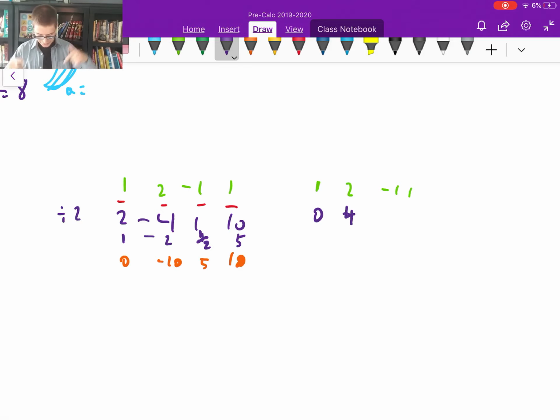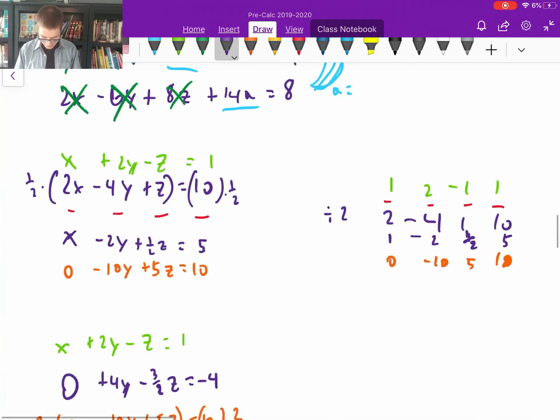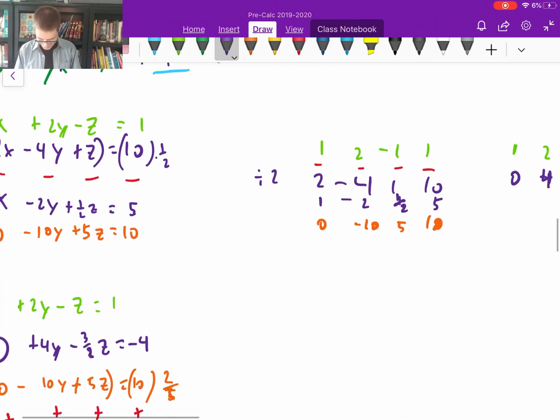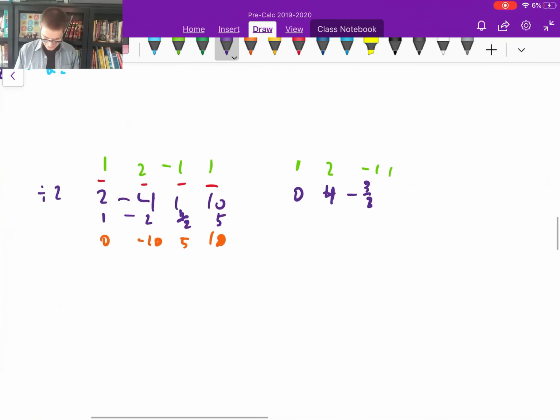Yeah, 2 minus a -2 would be 4, because that's 2 plus 2, and then 1 minus 1/2 would be 1/2. No, would be 3/2. That is -1 minus 1/2 is -3/2. Am I doing this right? No, I'm not doing this right, am I? Oh yeah, I'm doing this right. Because negative 3 halves, and then finally 1 minus 5 is negative 4.